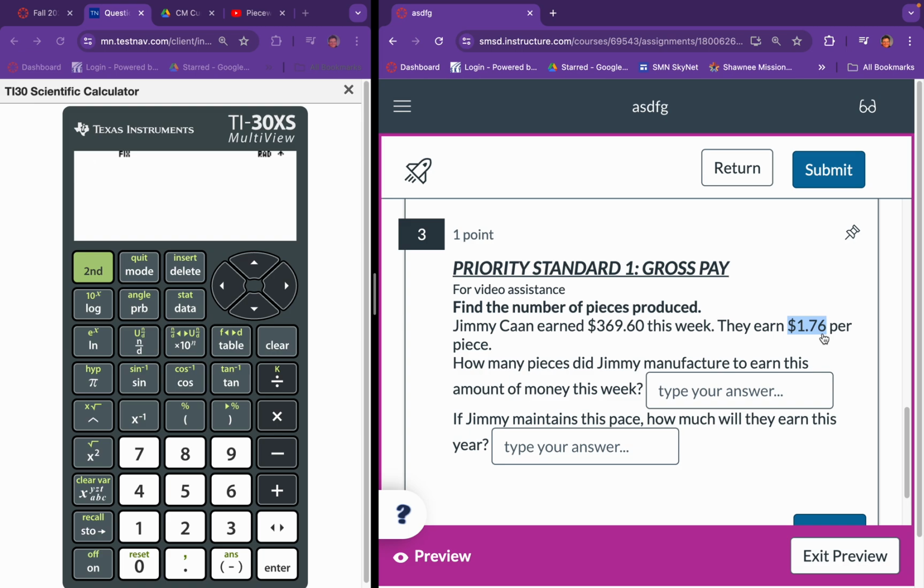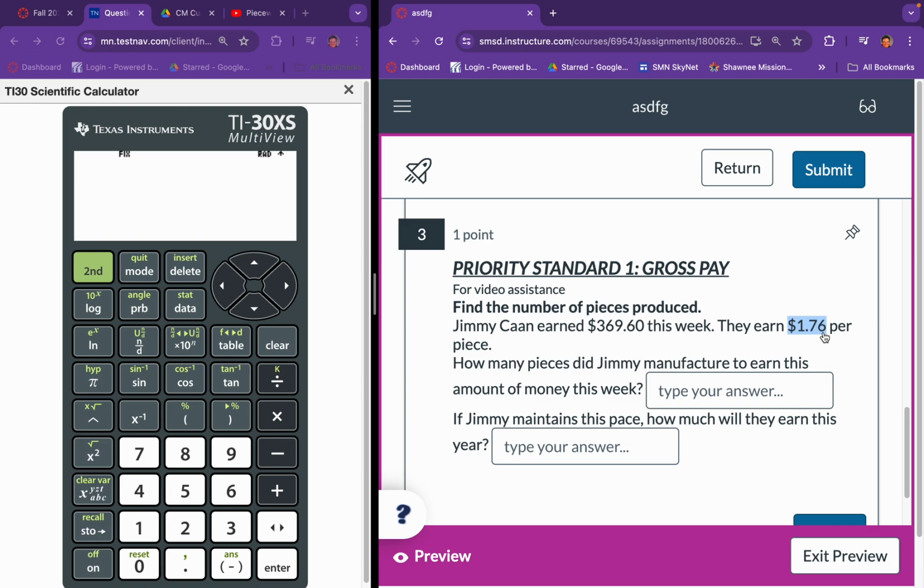If he creates one item, they pay him $1.76. If he produces another item, another $1.76. So he makes $1.76 for every item he produces.